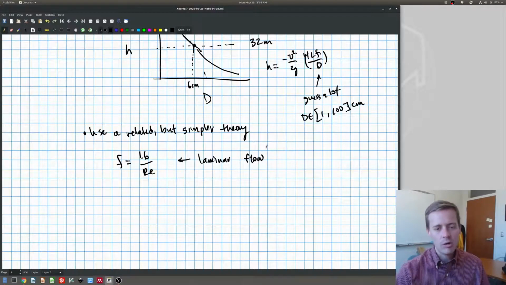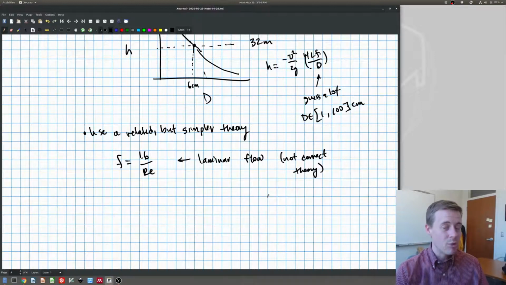Now, it's wrong, right? This is not the correct theory. But maybe it gives me the right order of magnitude. Maybe, maybe not, but it gives me some place to start, all right?